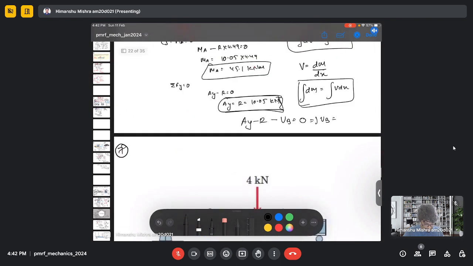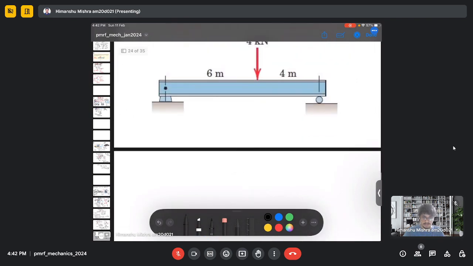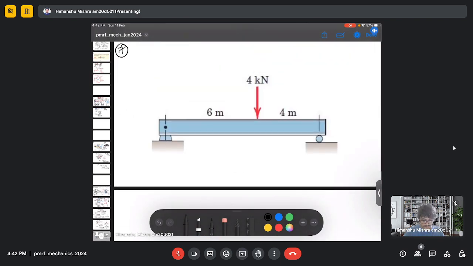Okay, then so let's move to this question. So here we need to actually draw the shear force and bending moment diagram.